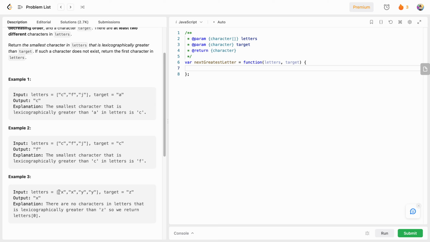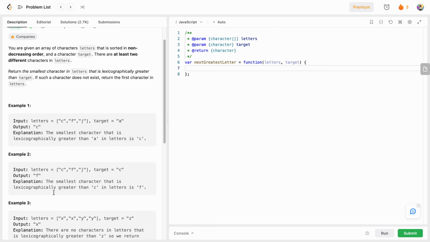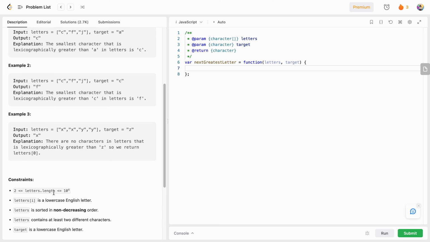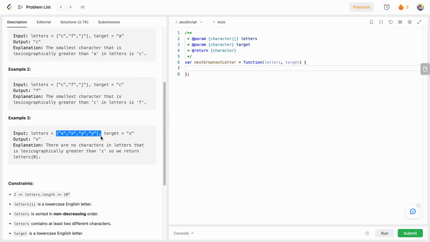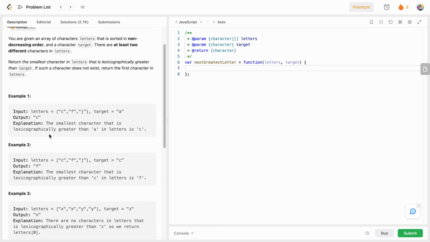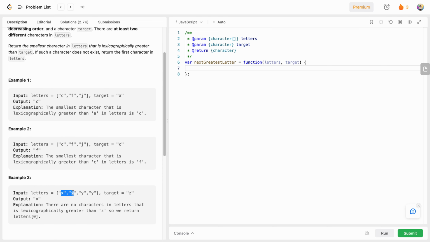So that would be a time complexity of O(n) if there are n characters in our letters array, because there is a possibility of duplicates, as you can see here, and duplicates could repeat as many as n times.